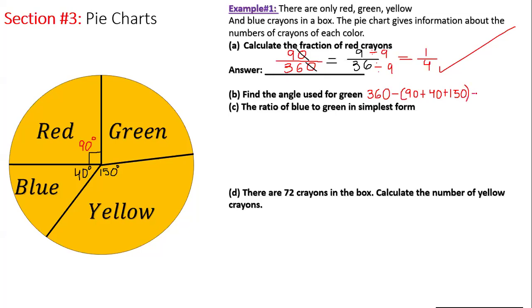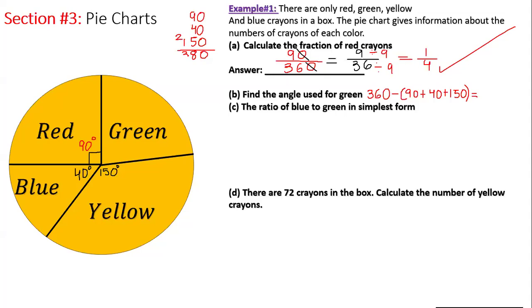It's going to be equal to, what is 90 plus 40? 0 plus 0 plus 0 is 0. 9 plus 4 is 13. 13 plus 5 is 18. Put the 8 down, put the 1 above.